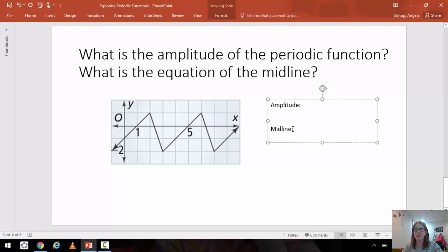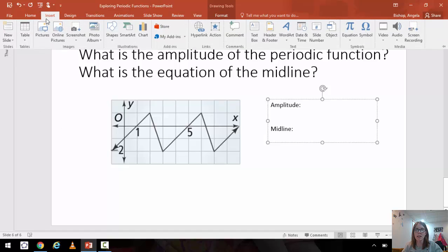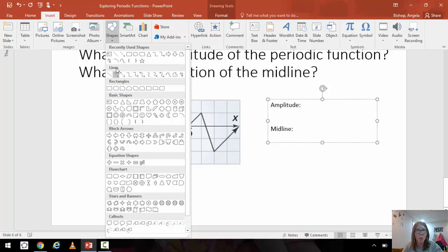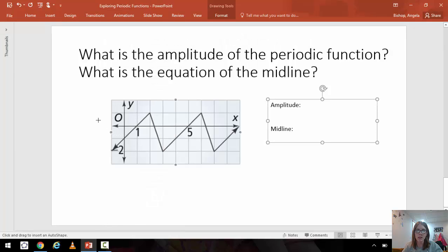Well, let's maybe start off with our midline. And then once we find our midline, our amplitude will be a little bit easier. So let's think, okay, where could I draw a line? Where can I draw a line on my graph that's in the middle? That divides our y values, or divides our function in half.